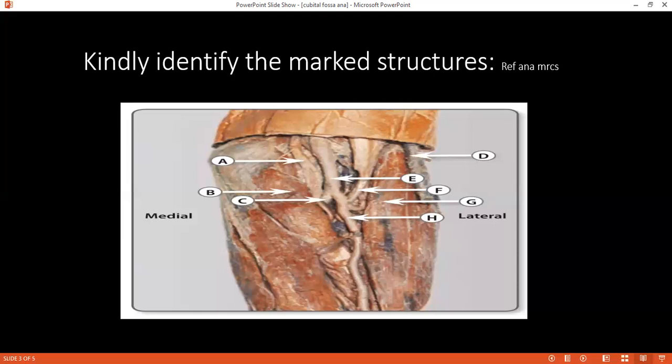Okay, can you tell me how the cephalic vein is formed? Can you identify the cephalic vein here? It's already in the image. Yes, it is. What is D?